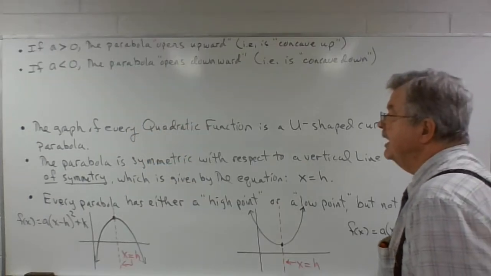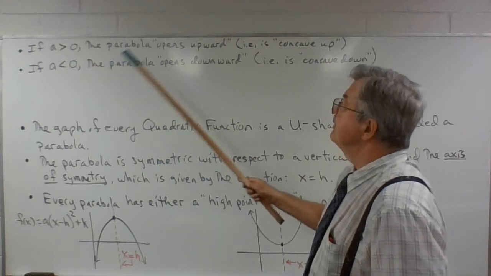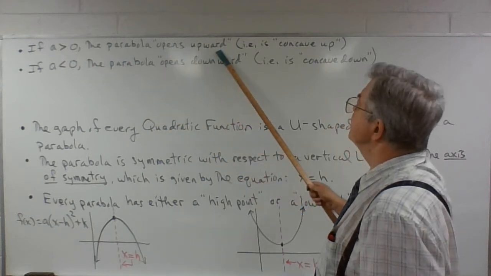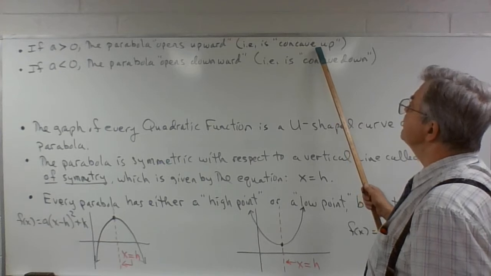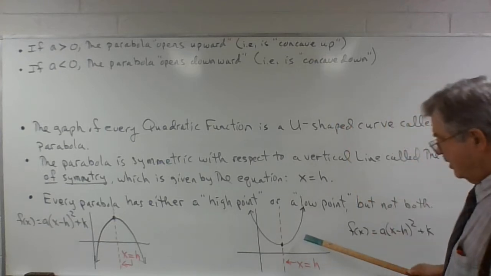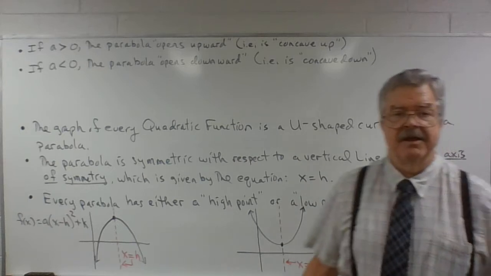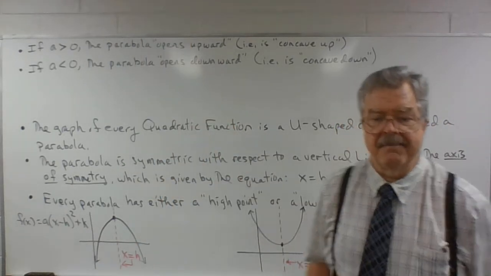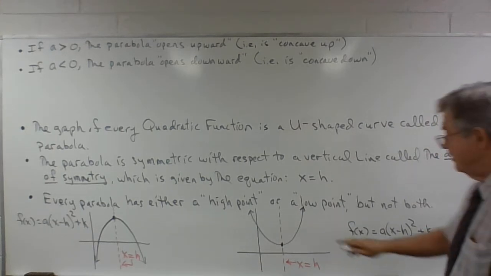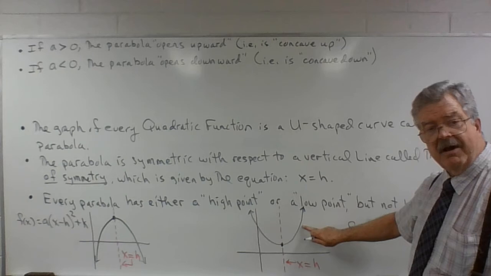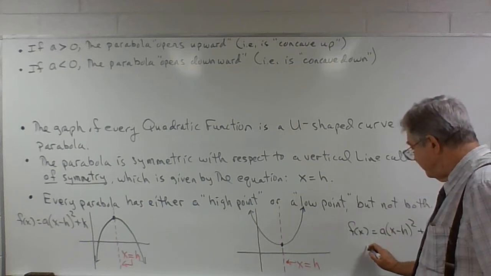Now notice this. If a is positive, the parabola opens upward, and we say that it is concave up. Well, this parabola opens upward. It goes just like that. So apparently, this graph is concave up, and a is positive.